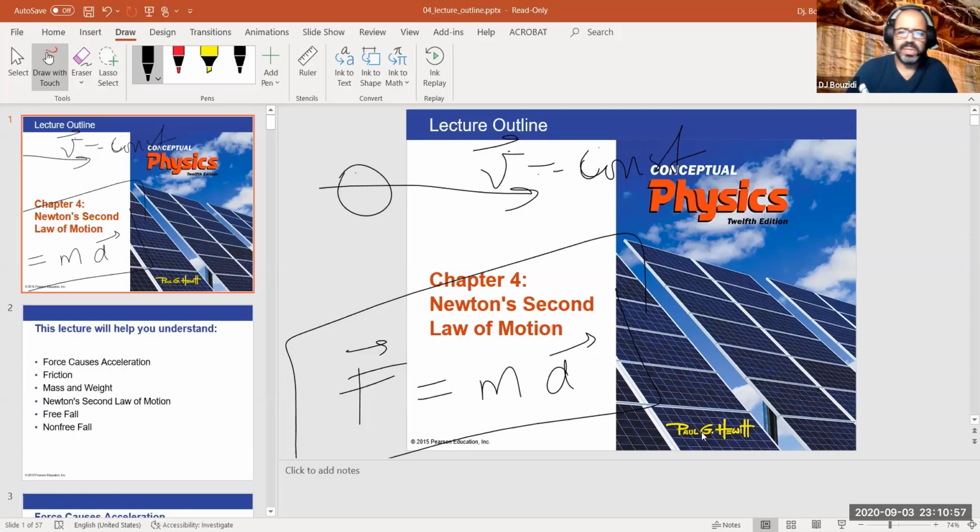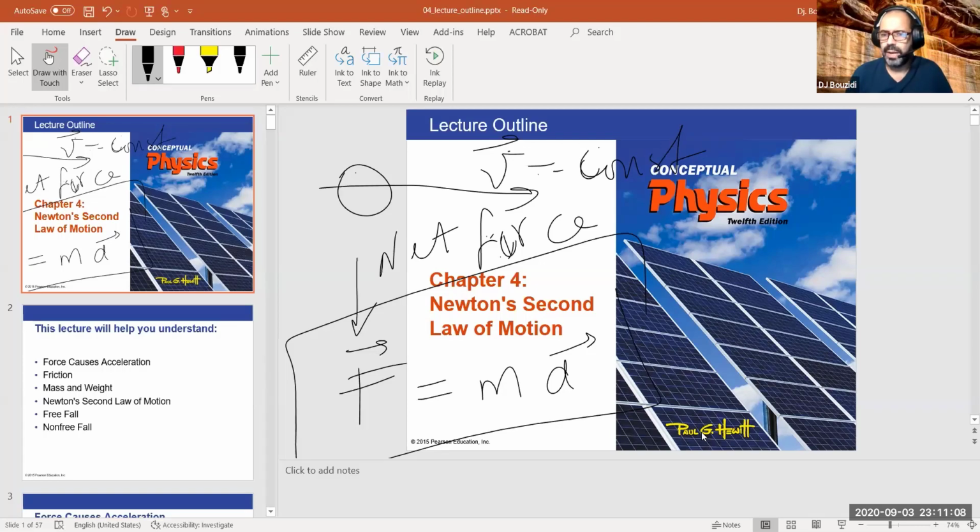And that sum is this expression, this F. This is what we call the net force. For those who are sitting in physics 11, this is what we call the resultant, which is the sum. I think we did that also when we talked about it in chapter 3 in this class too.